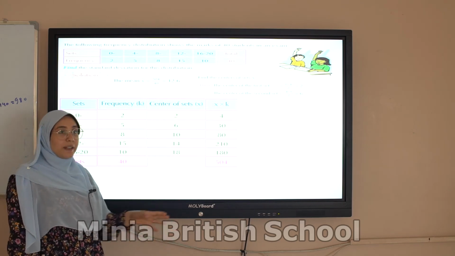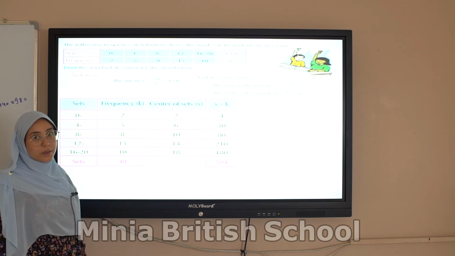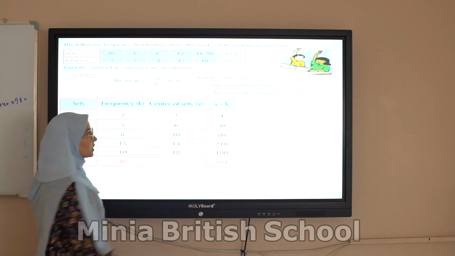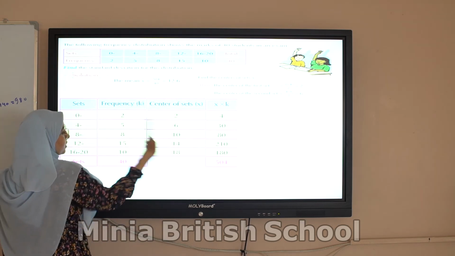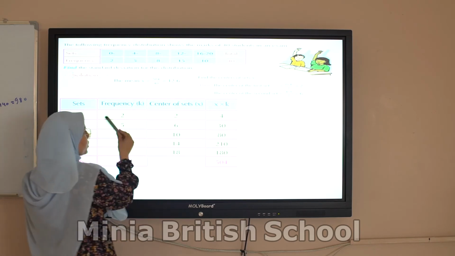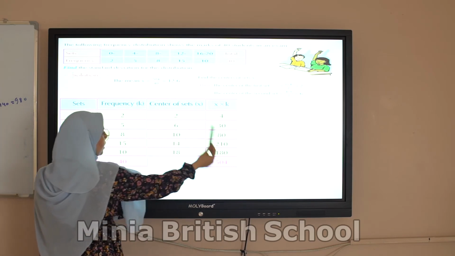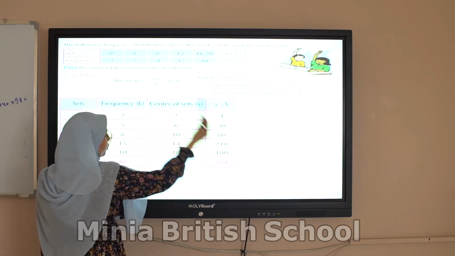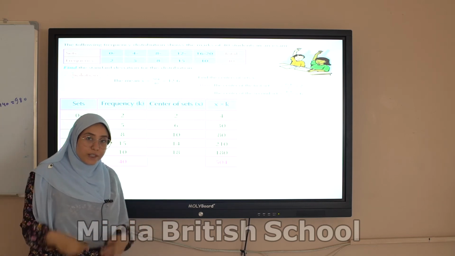Okay. Now I need to find the x bar. So x bar equals here the center of the set times k. Center of the set, not set. 2 times 2, 4. 5 times 6, 30. 8 times 10, 80. 15 times 14, 210. And 10 times 18 equals 180.